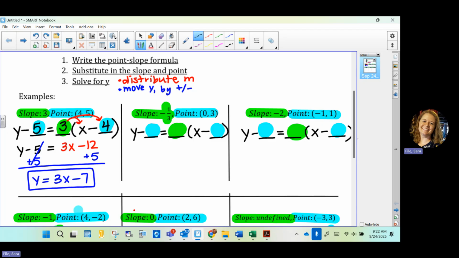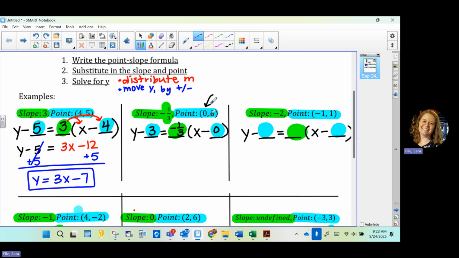Okay, so here in this next one, my slope is negative 1/3. My y1 is 3 and my x1 is 0. Oh, this one is actually much easier. I don't even have to do this. What kind of point has an x of 0? So that means from the origin, I've gone over 0 and up 3, right?